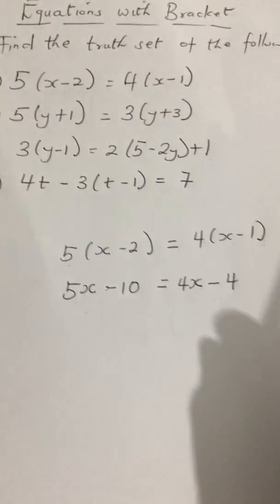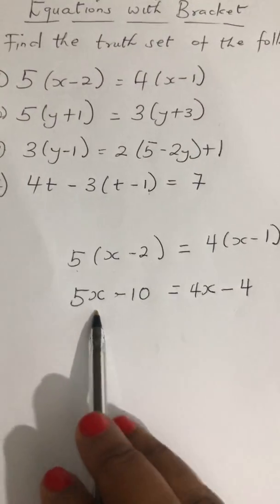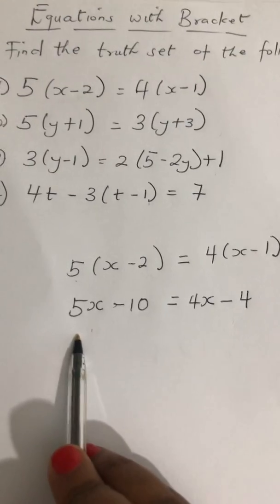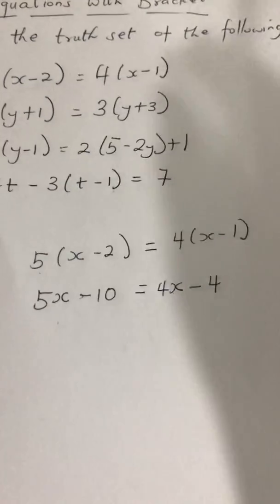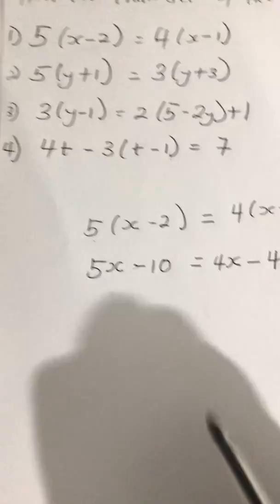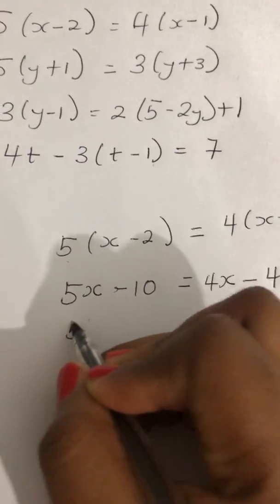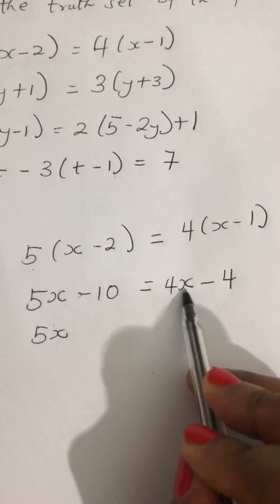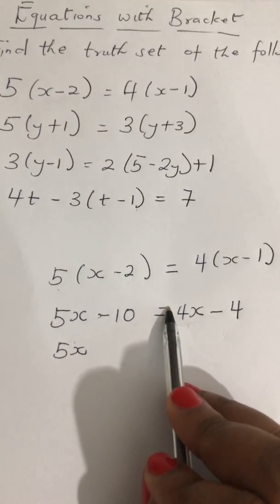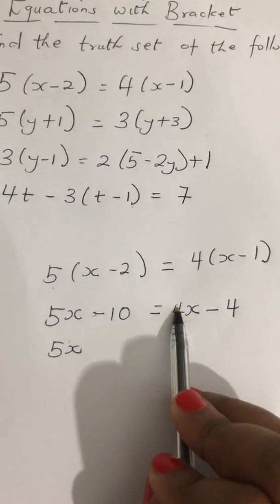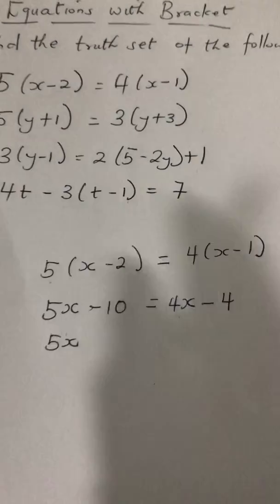So let's first of all group them. What we normally do is we group the coefficients and the variables on the left-hand side, and we group other numbers on the right-hand side. So we have 5x, so we write our 5x here. Our 4 is a positive 4. Anytime a number is standing on its own and there's no negative or positive sign, it is automatically a positive number.